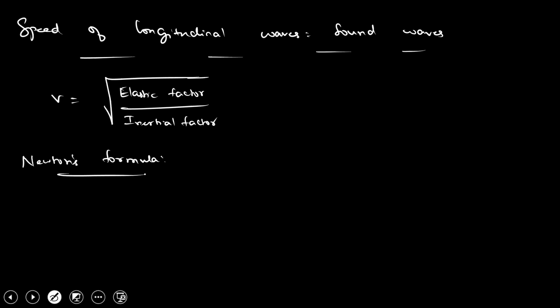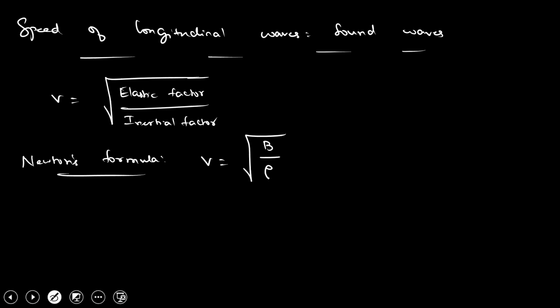Right? So we know that the speed of sound is going to be the square root of the elastic factor of the medium, which is bulk modulus, divided by the inertial factor, which is density. This is where I want you all to pay attention.